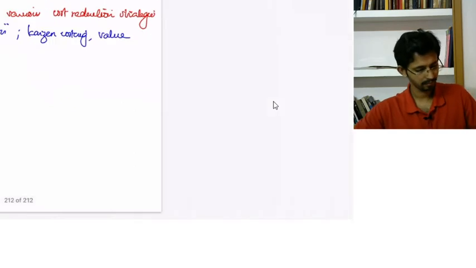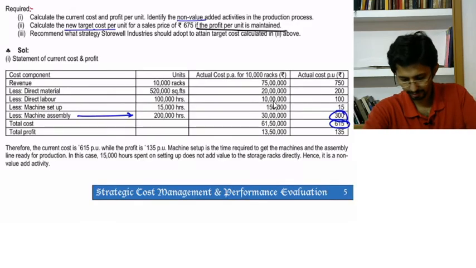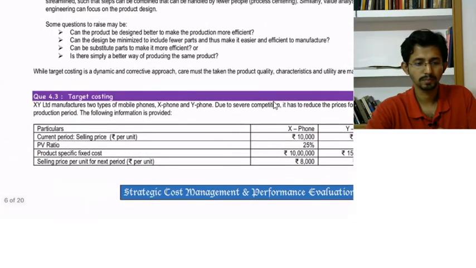Now we need to move to the next problem. There is question number 4.3, right? Okay. 4.3. I think we can read the question.